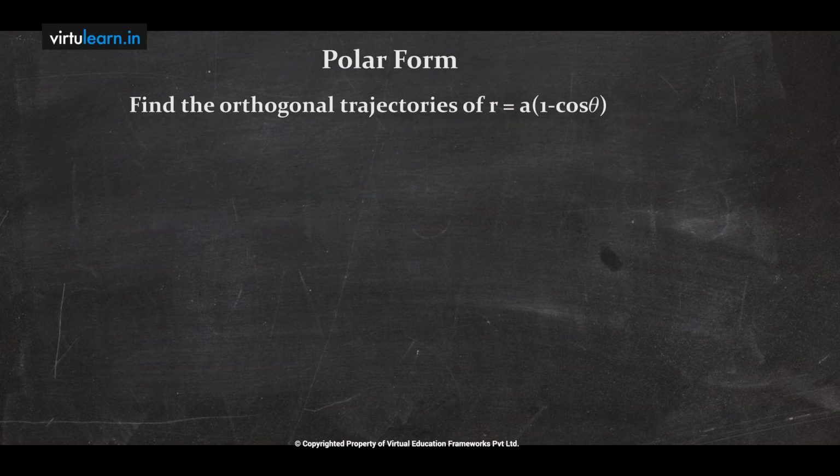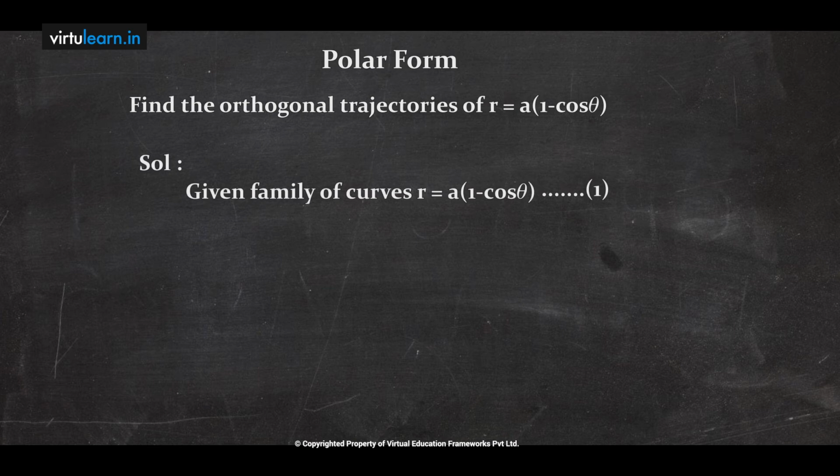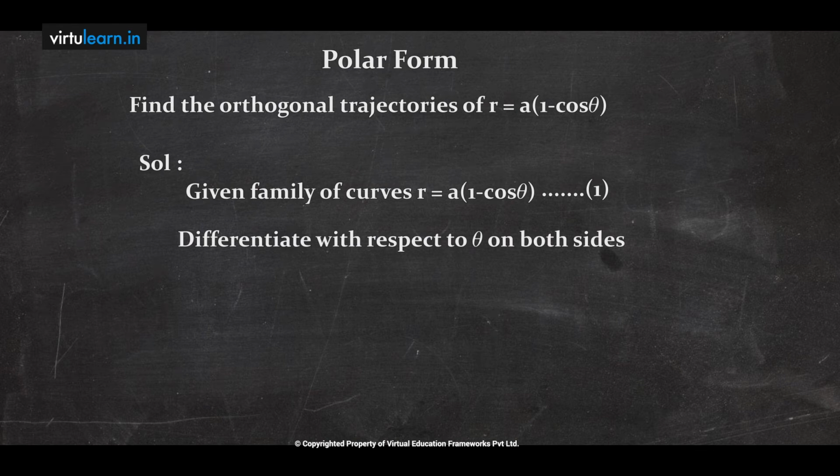Now first question: find the orthogonal trajectories of r equal to a into 1 minus cos theta. This is the family of curves in polar form. Differentiating with respect to theta on both sides, dr by d theta equal to a into the differentiation of 1, which is 0, and the differentiation of cos theta, which is minus sin theta.